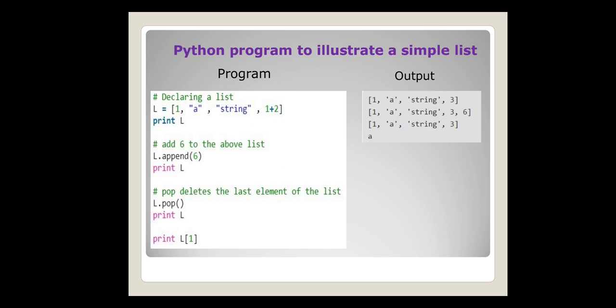Means 1 has index position 0, a has index position 1, string has index position 2, and 3 has index position 3. Here you are using index position 1 in square brackets, so it will print a. If you want to print any other element, you need to specify the respective index number in the square brackets.